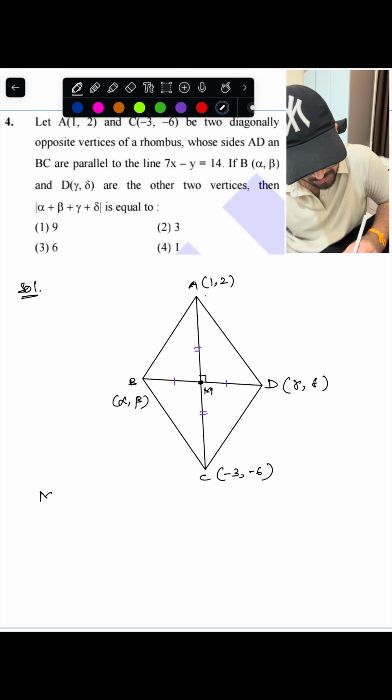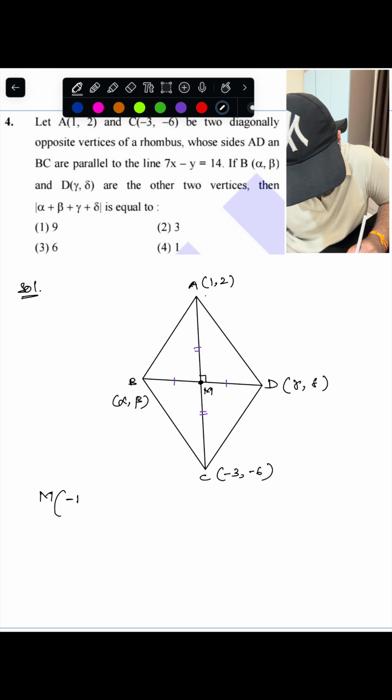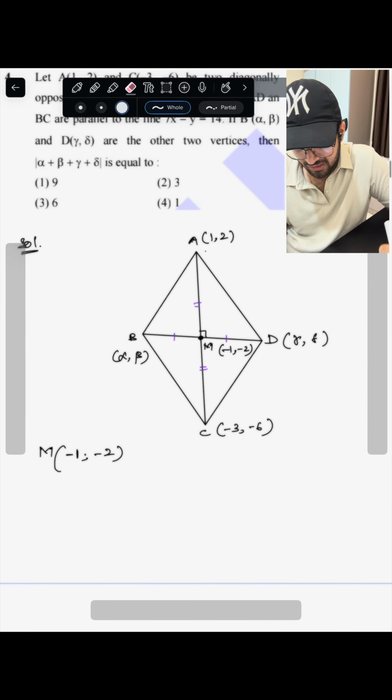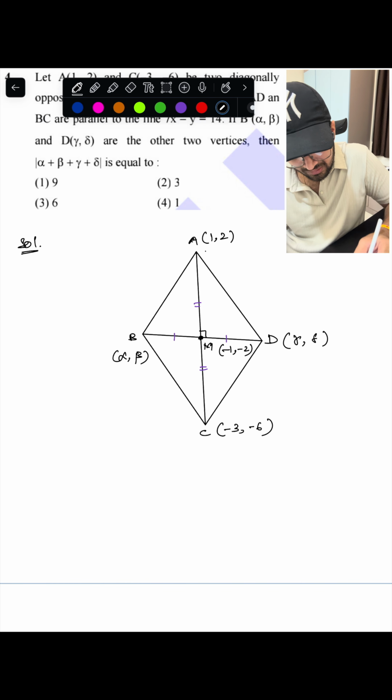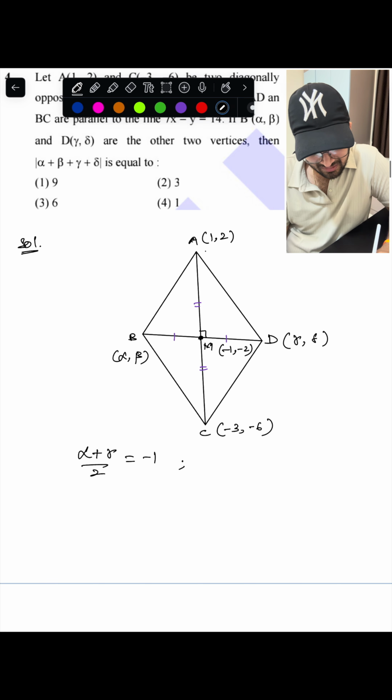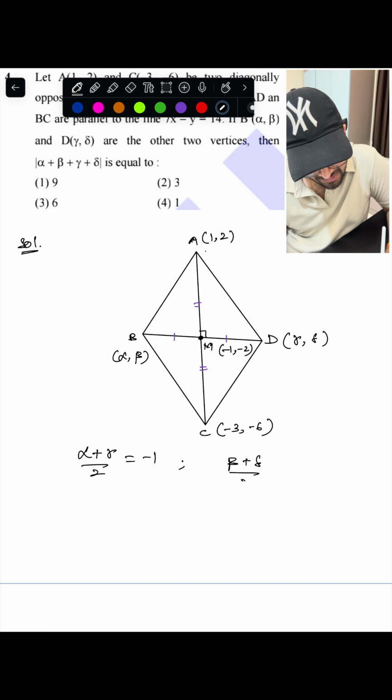So what is the midpoint of AC? Call it M. The midpoint of AC is ((-3 + 1)/2, (2 - 6)/2), which is nothing but (-1, -2). Now clearly (alpha + gamma)/2 is minus 1, and (beta + delta)/2 is also minus 2.